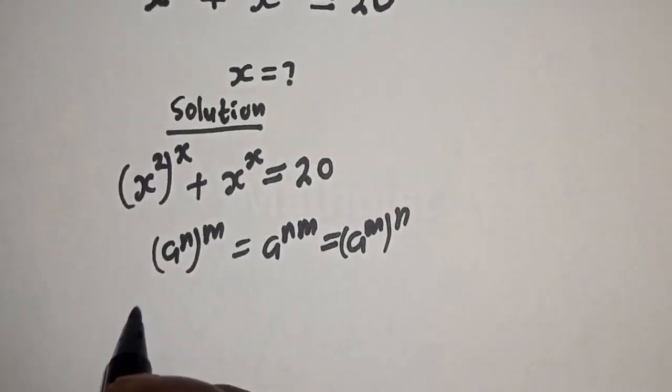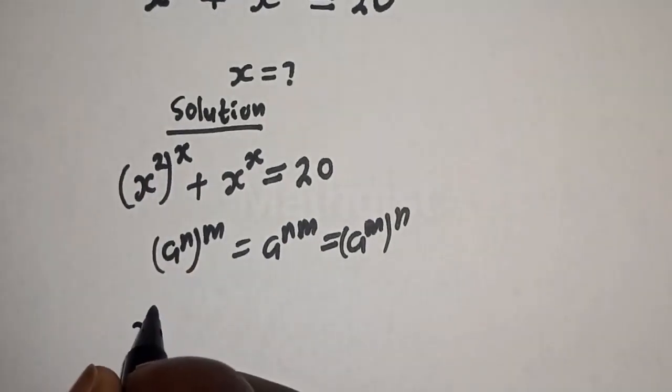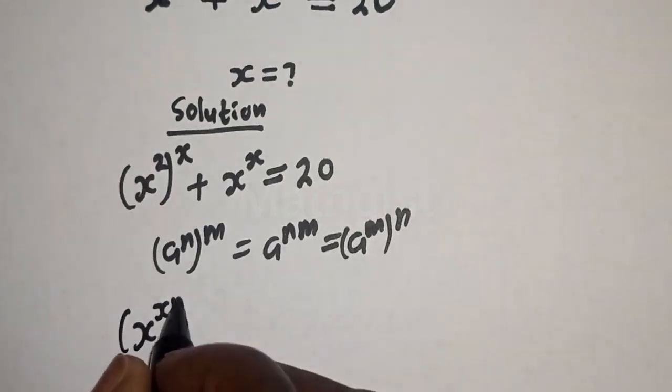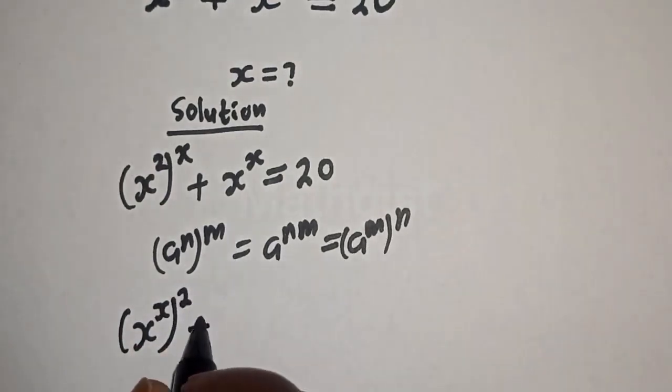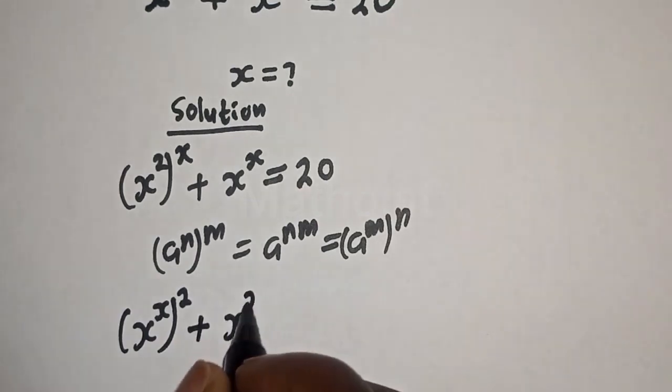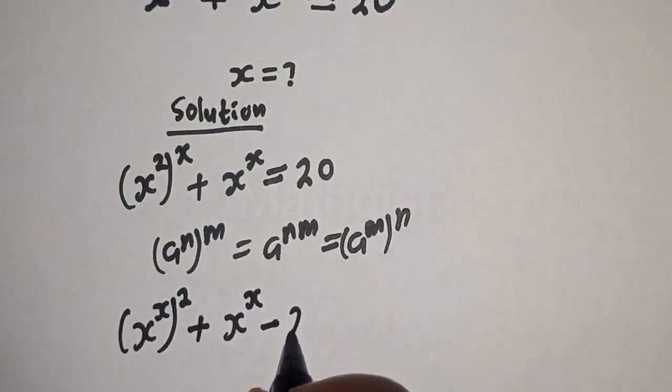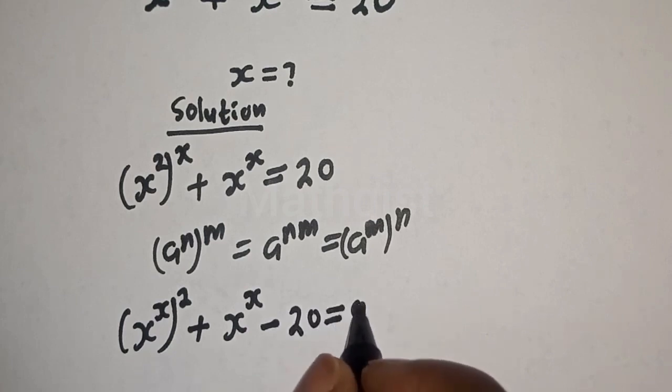This can also be written as s raised to power s, squared, from this identity, plus s raised to power s, minus 20 is equal to 0.